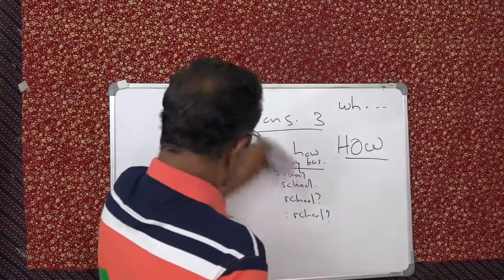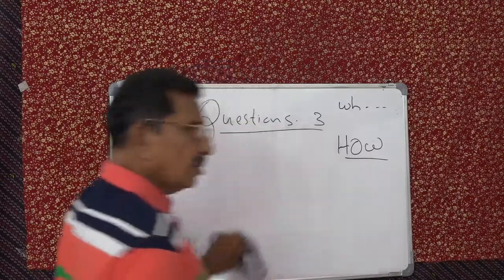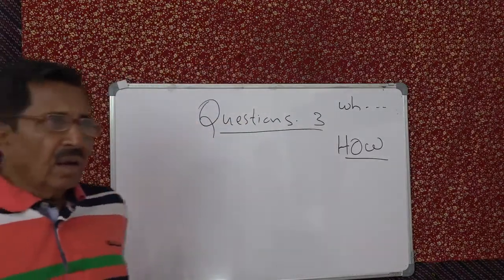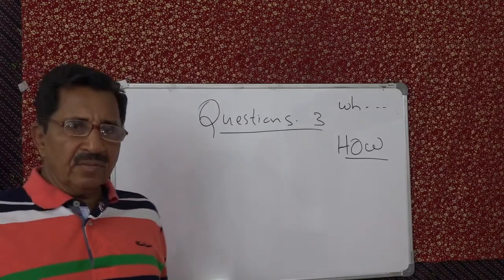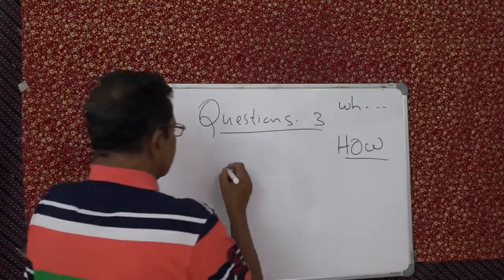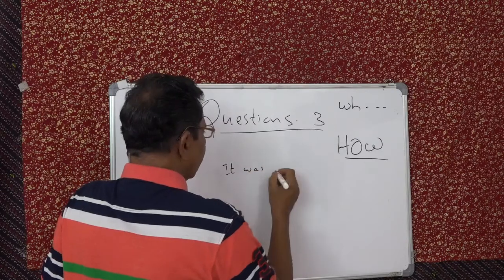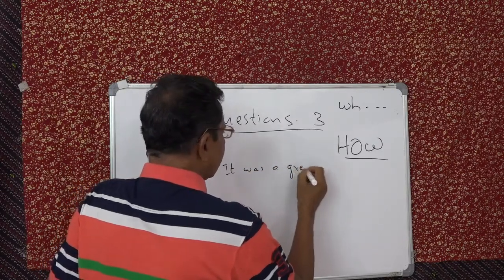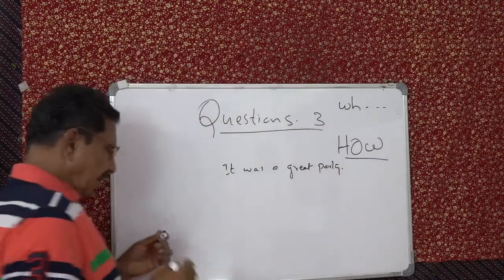You have got another one. Suppose you want to know about the party. You say, it was a great party. You went for a party and then you came back.